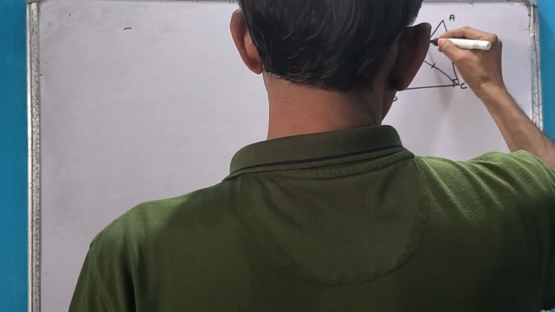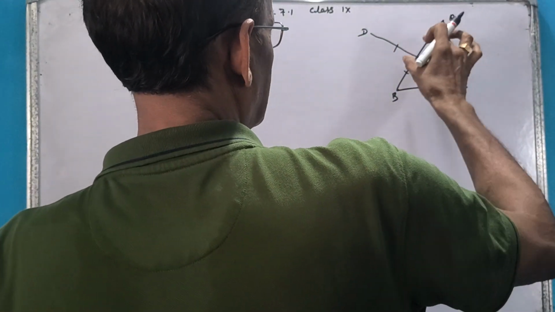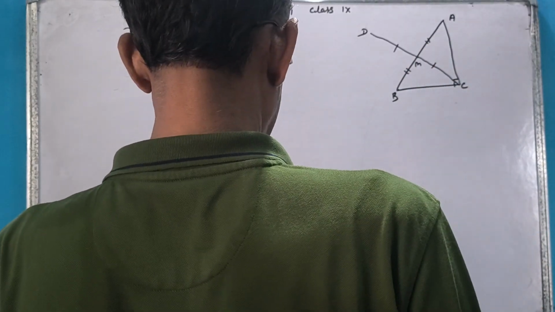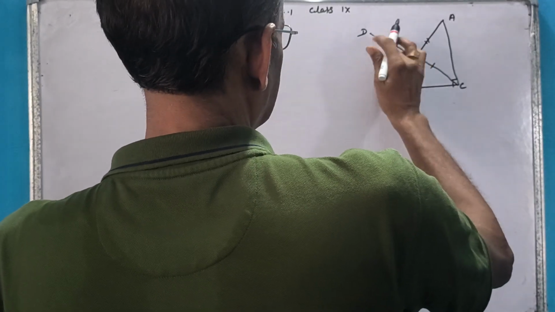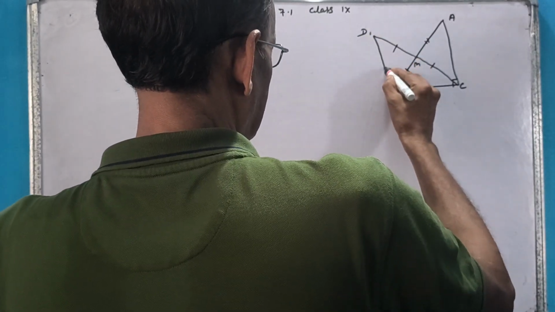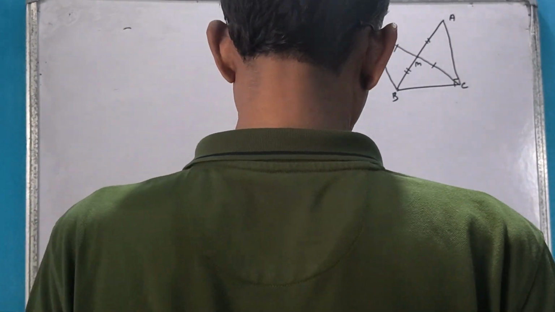It is also given M is the midpoint of hypotenuse AB. So mark it: midpoint means this part equal to this part, and CM equal to DM, this part equal to this part. Join DB.